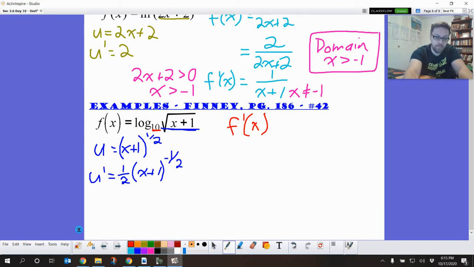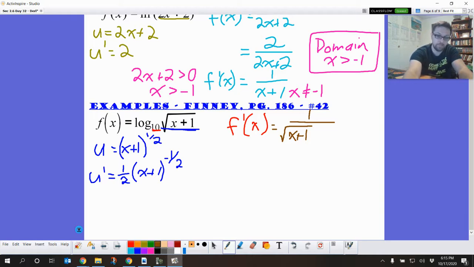But our derivative is going to be a whole bunch of stuff. It's going to be 1 over whatever was inside of our function. So I'm just going to jump right to it. It's this x plus 1, whatever was inside of our logarithm, not natural logarithm.